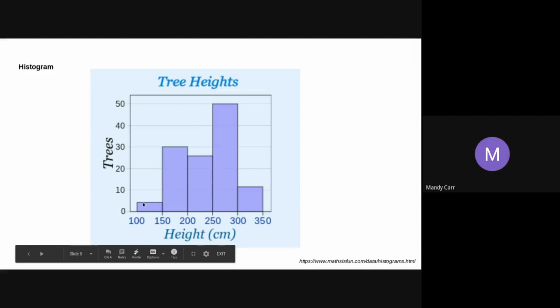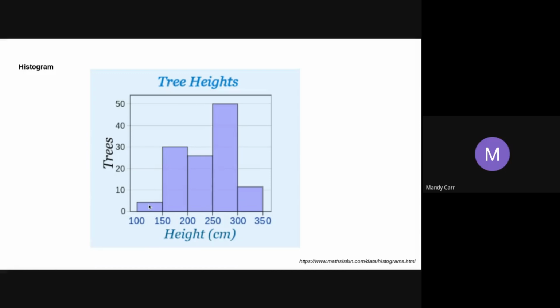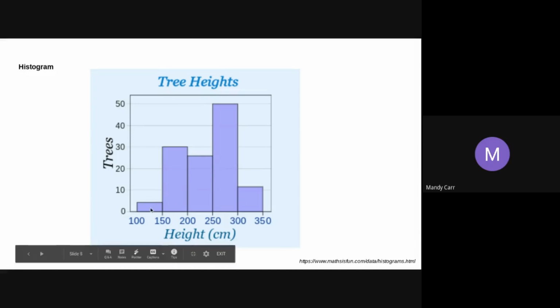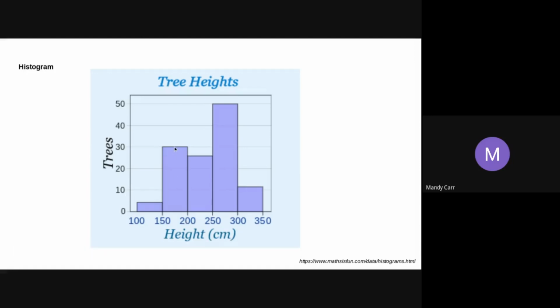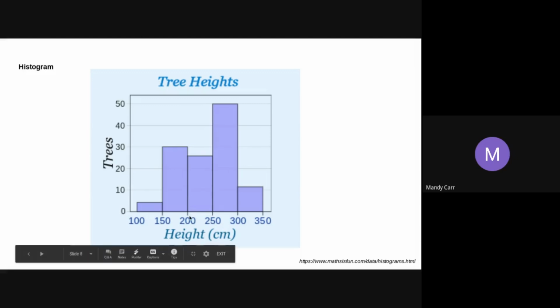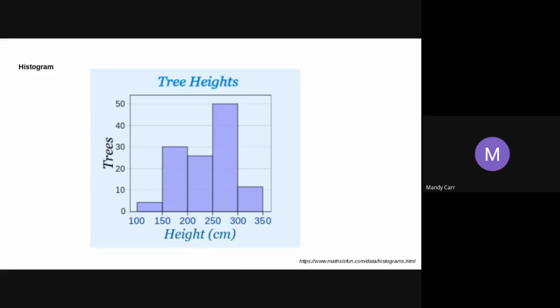And then they put the bar here, and it looks like this was maybe 4 trees that were in that height range. And then, for instance, you notice this bar is 150 centimeters to 200 centimeters, and there were 30 trees that were within that range. 200 to 250, that looks like maybe it's 26 or 27 trees that were in that range.